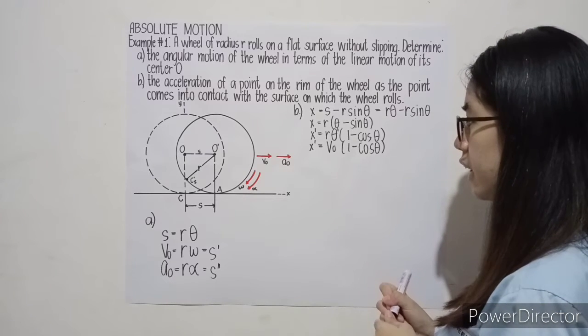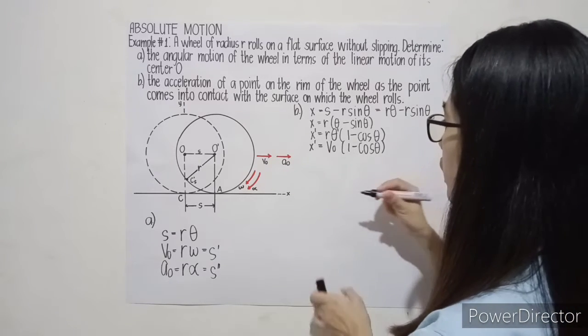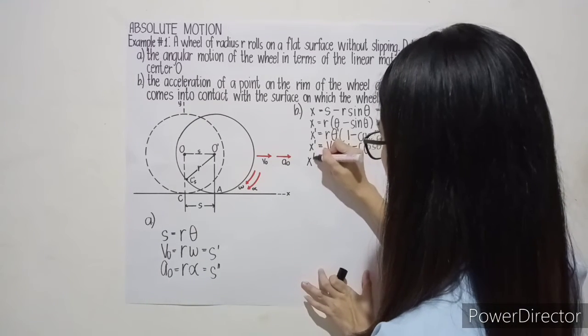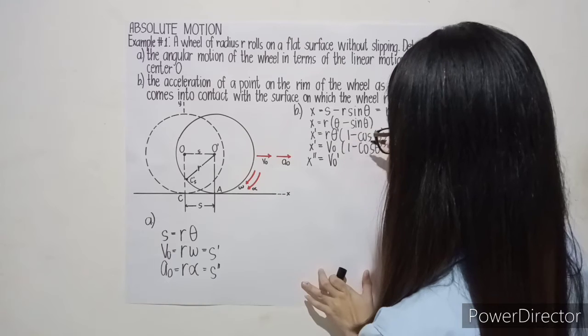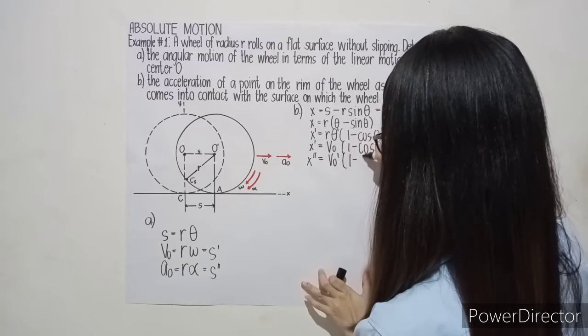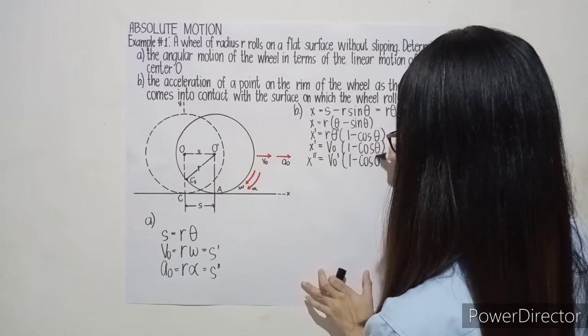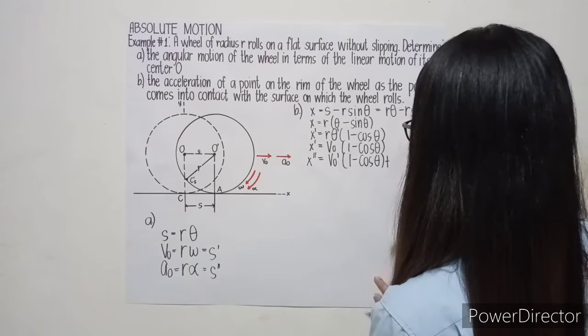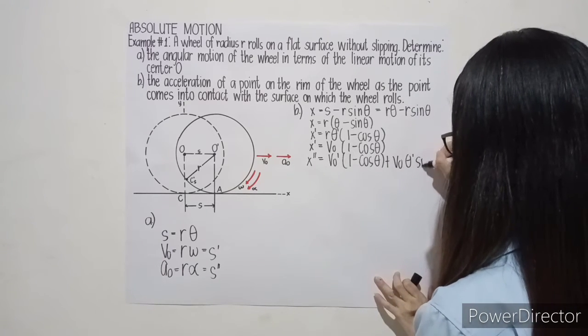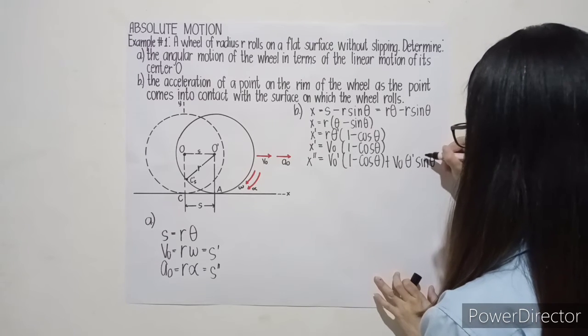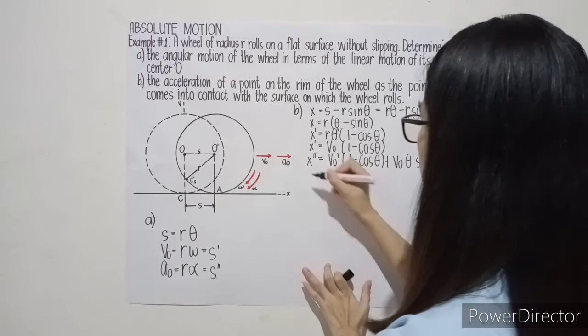Next is getting the second derivative. For the second derivative, we have v sub o prime times 1 minus cosine theta plus v sub o theta prime sine theta.